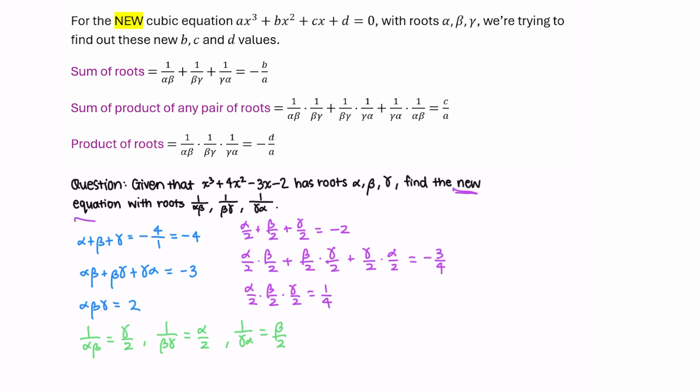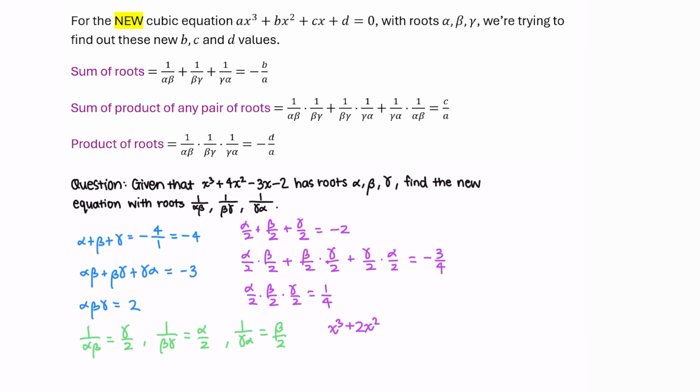Okay, now let's find the new equation with these new roots. What do we do? Let's just assume a equals 1 for now. So we'll take x cubed, and remember, to find b, we need to take the negative of the sum of roots. So we'll take negative of negative 2, which is just positive 2, and then we follow by an x squared. c is just equal to the sum of the product of any pair of roots, which is this value over here.